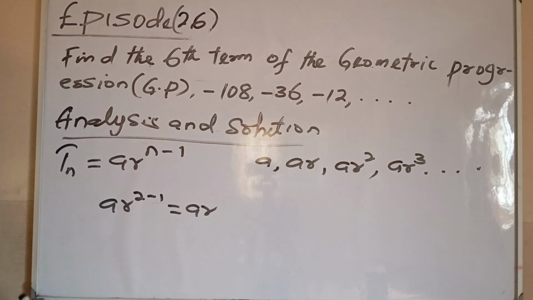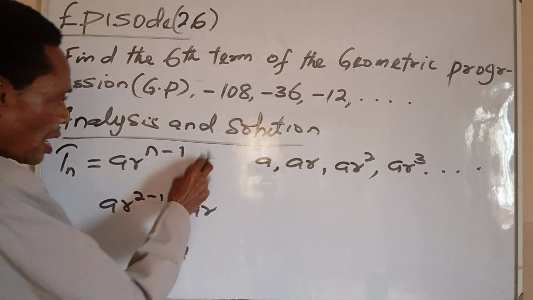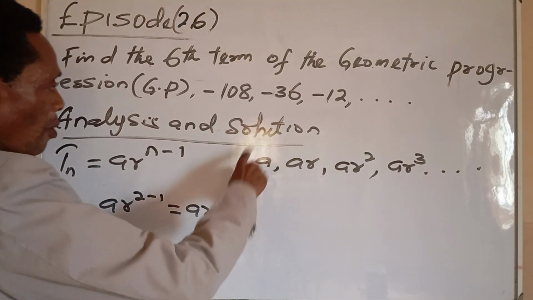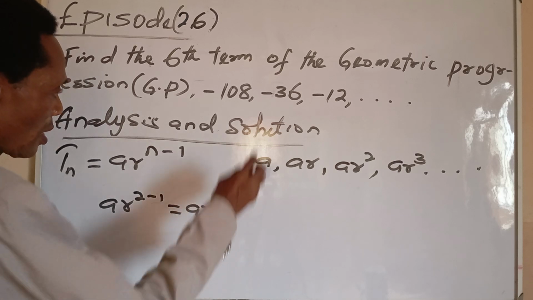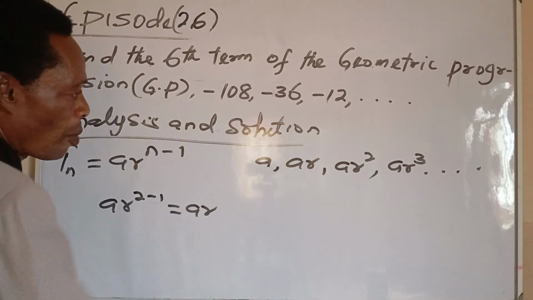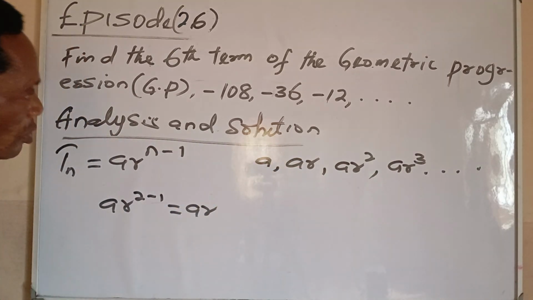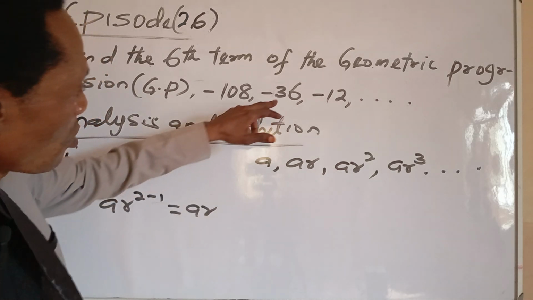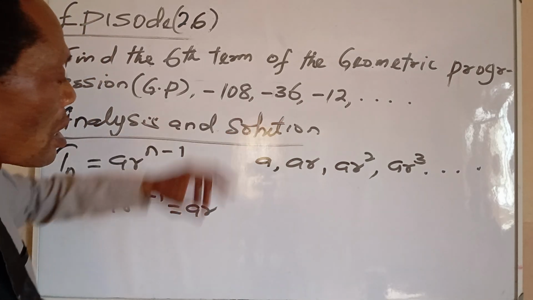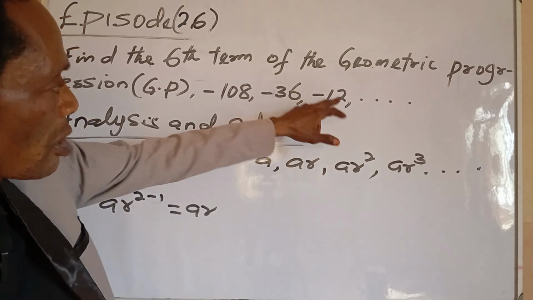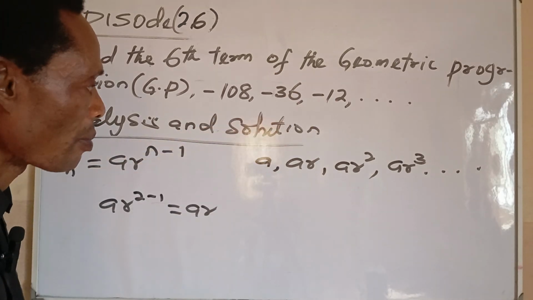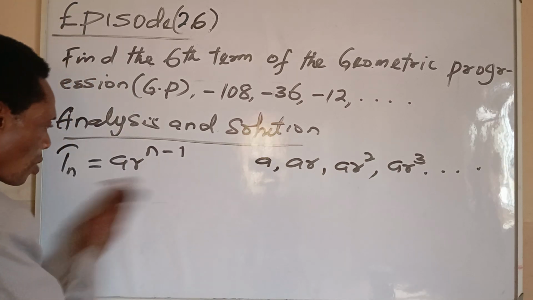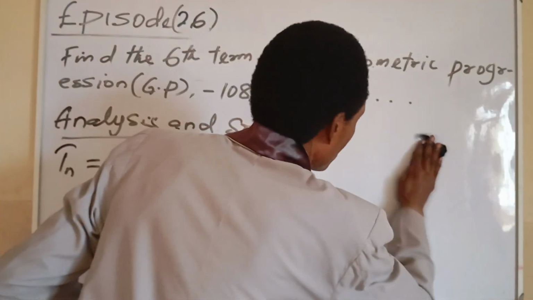So in generating the sequence of our GP, you have your A and you have your common ratio. How do you get your common ratio of a GP? For you to get your common ratio, you divide the second term by the first term, or the third term by the second term. That is how you get your ratio. Let's see what I mean by that.